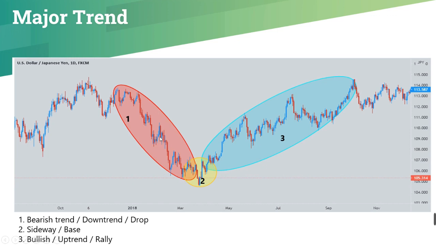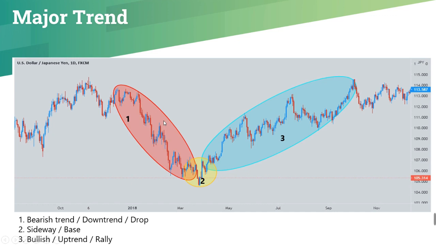All right, so what is a minor trend? Like I explained earlier, each candle represents a daily movement of that particular currency pair. All right. So this is a downtrend. You can see that this is a major downtrend.